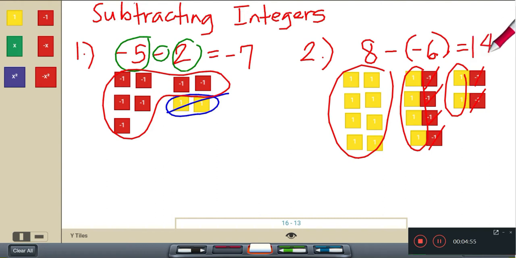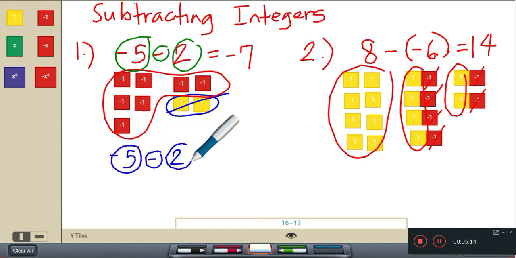So there's a rule for how to solve this kind of integers. Let's go back to number 1, negative 5 minus 2. You're going to circle those numbers, and you're going to keep this one, change, and change.